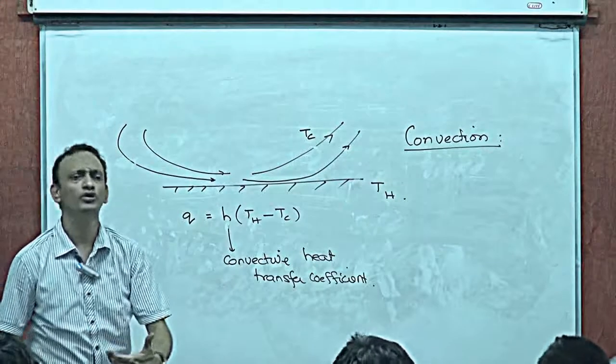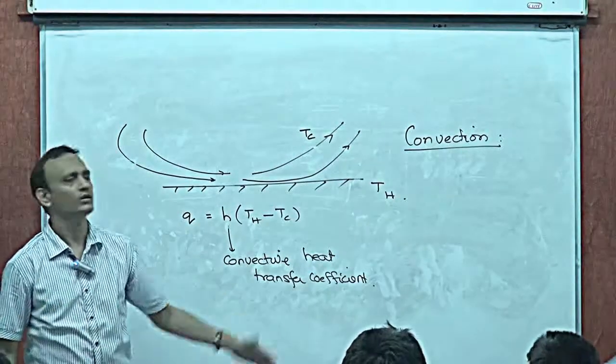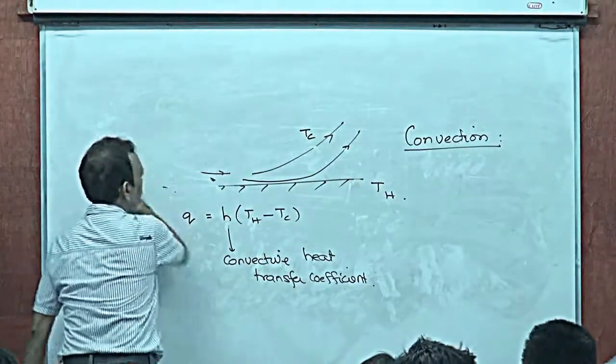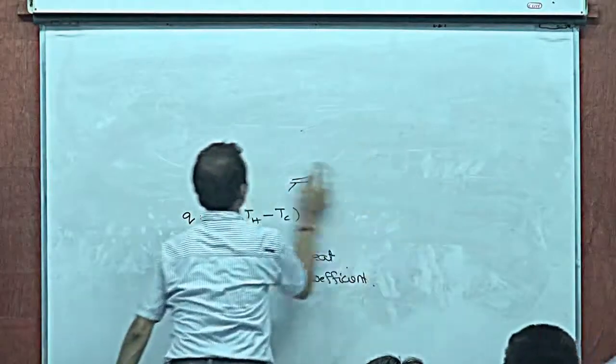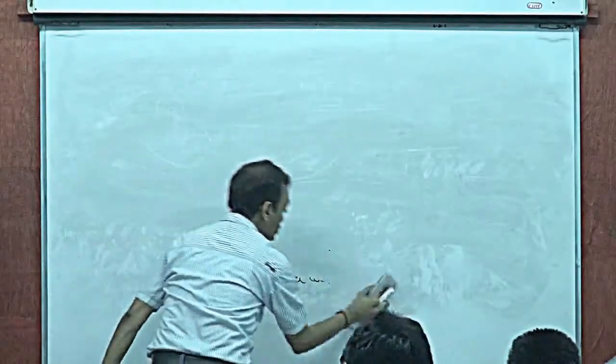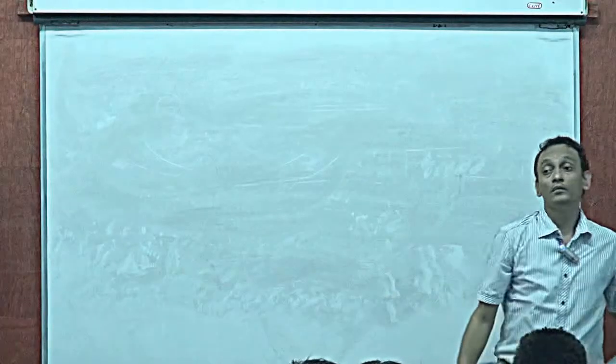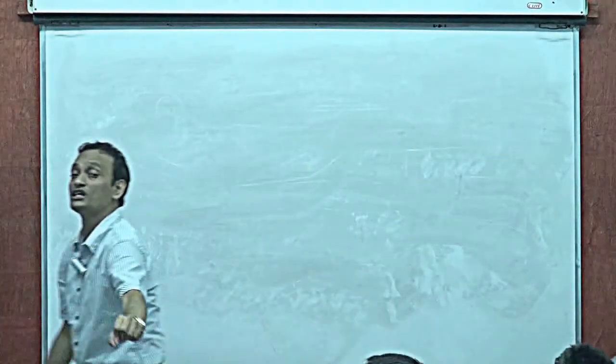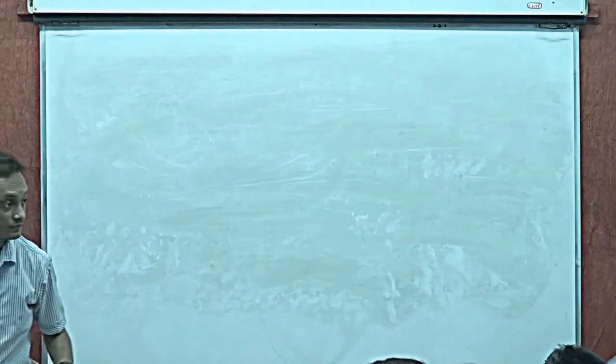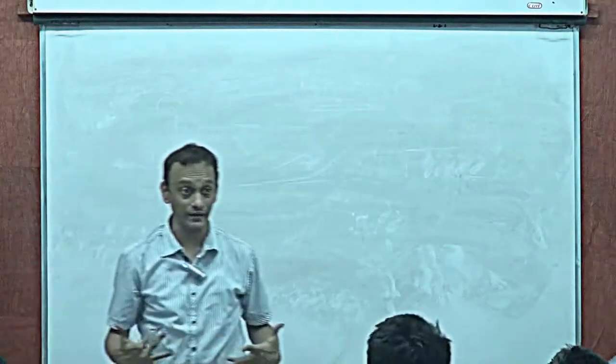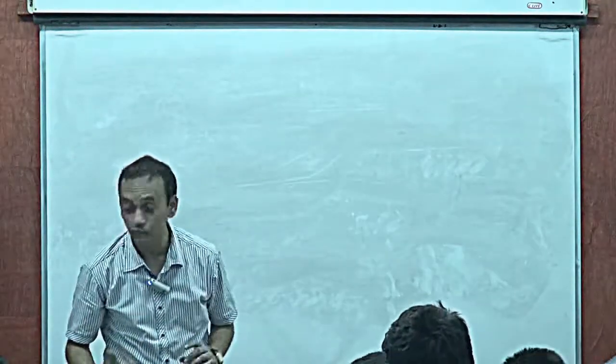So, just to take you very briskly past the rudiments of another mode of heat transfer, which is radiation. Now, both conduction and convection were modes of heat transfer that took place in presence of material media, right? A material medium was required for this mode of heat transfer.